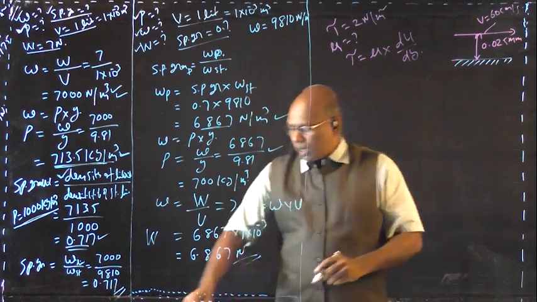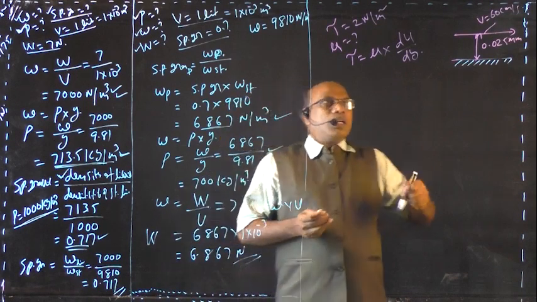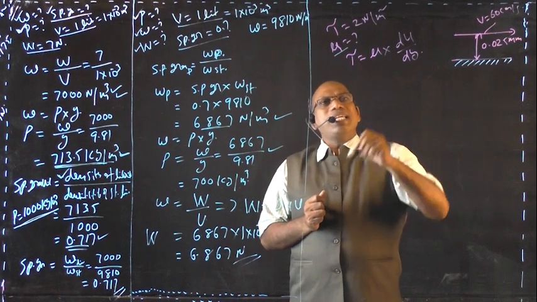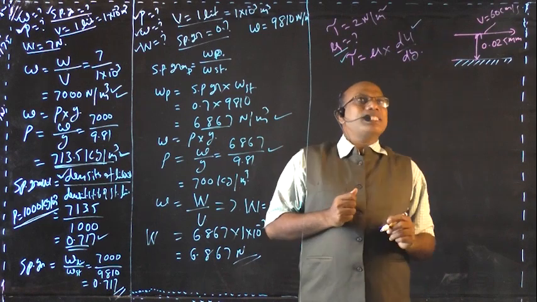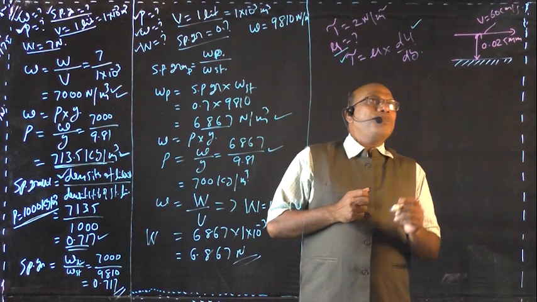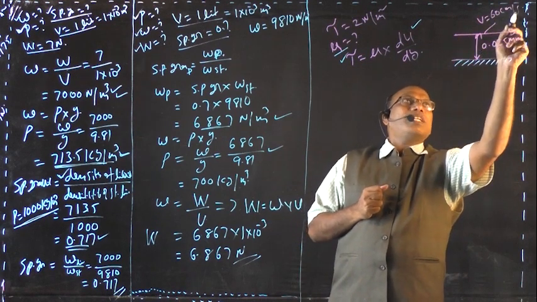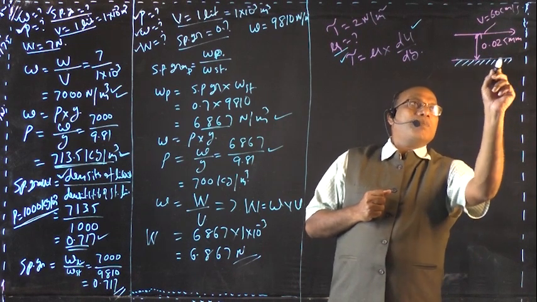Now, what is the shear stress? They want to determine the viscosity. Here they have given the shear stress. What is du? What is the change in velocity? In this problem, the velocity of the plate is given as 60 centimeter per second, but the velocity over the fixed plate is 0.